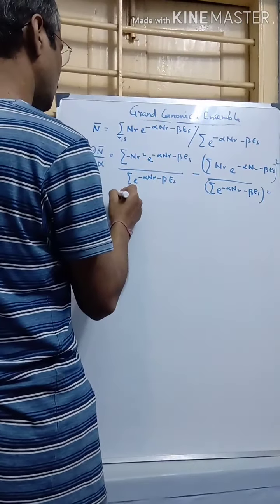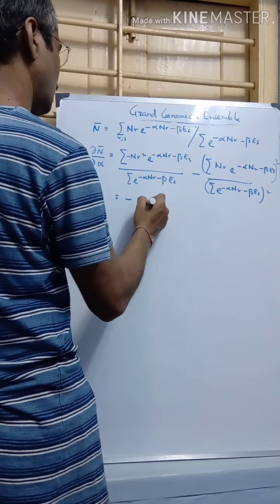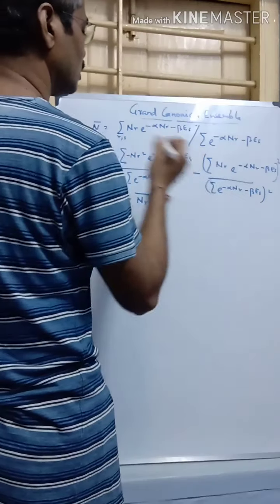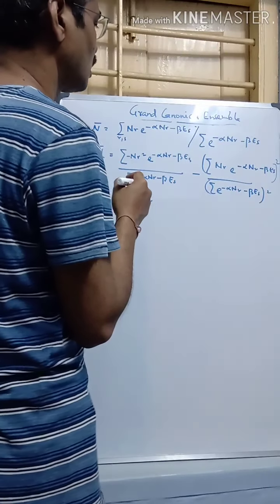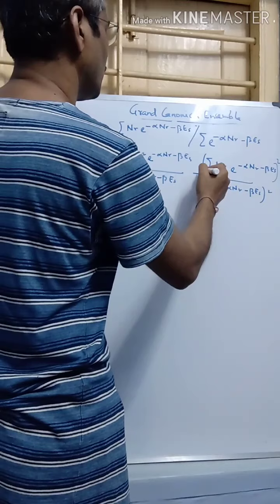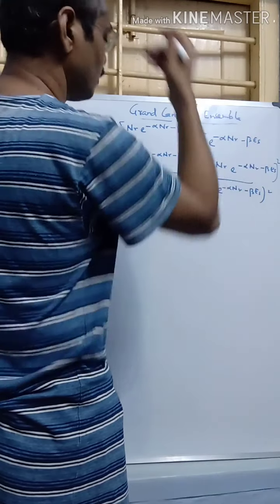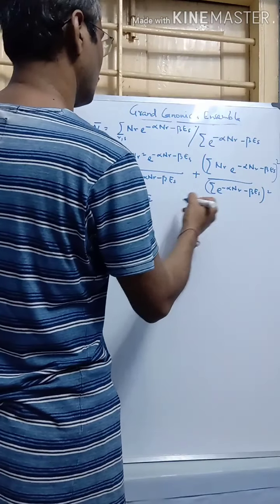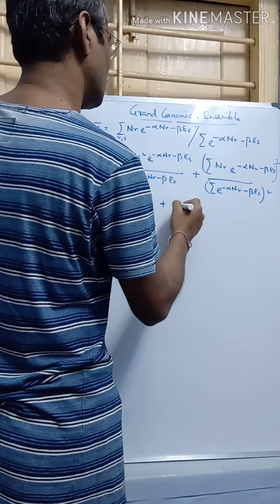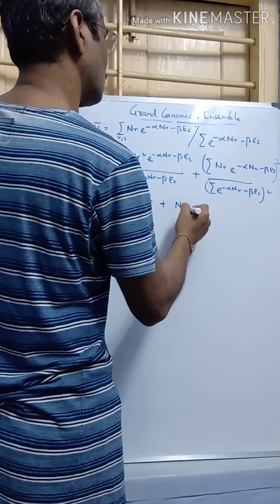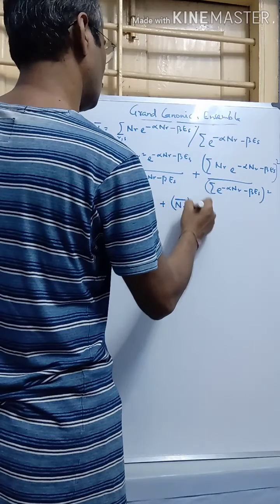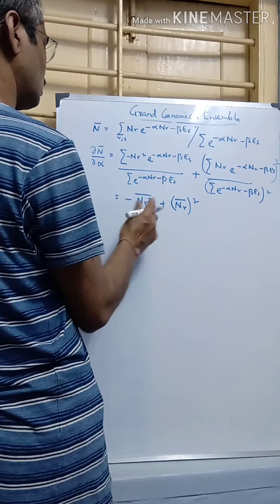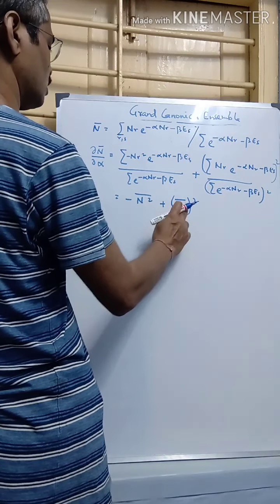So what we can say is this is equal to minus the average of N_r square, and then there is a minus and again a plus because of the differentiation with respect to alpha, so this is plus the square of the average of N_r.